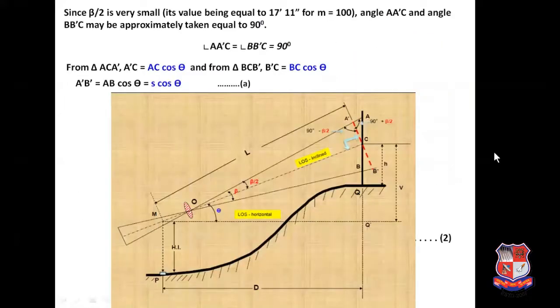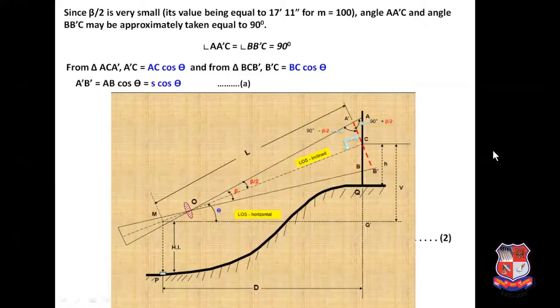Since the value of beta by 2 is very small, angle A dash AC and angle BB dash C may approximately be taken as 90 degree. So the value of A dash AC and BB dash C we will consider as 90 degree.